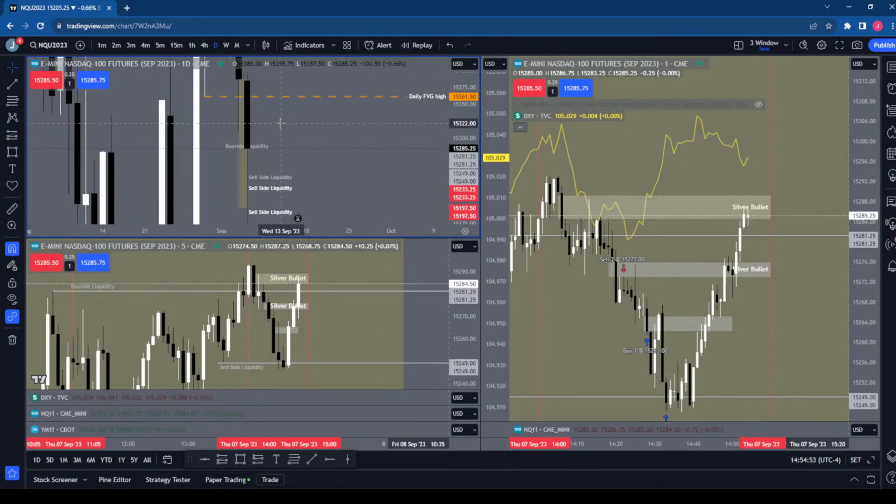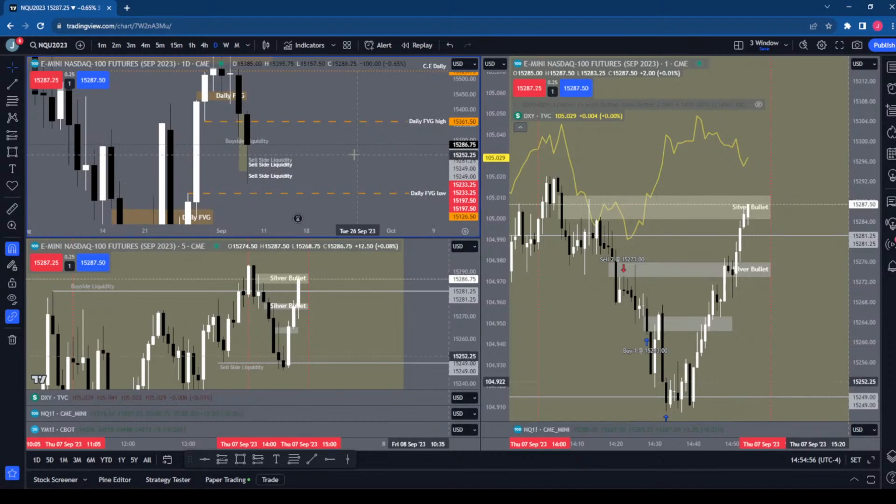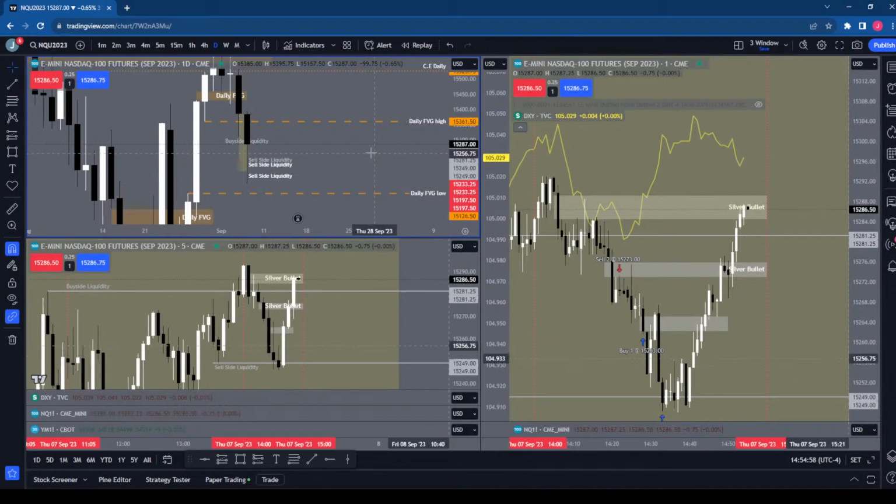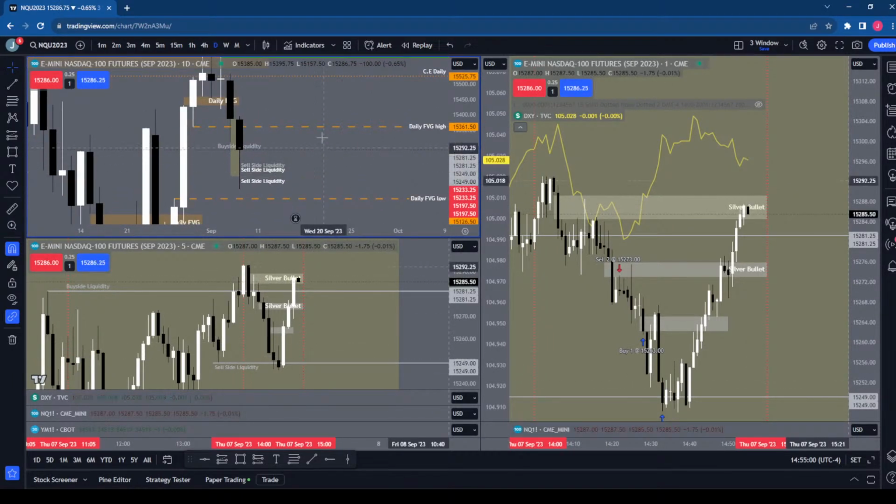Let's look at the daily. Okay, so what's also interesting is this daily fair value gap denoted by these dashes. Our daily body seems to be respecting its consequent encroachment.